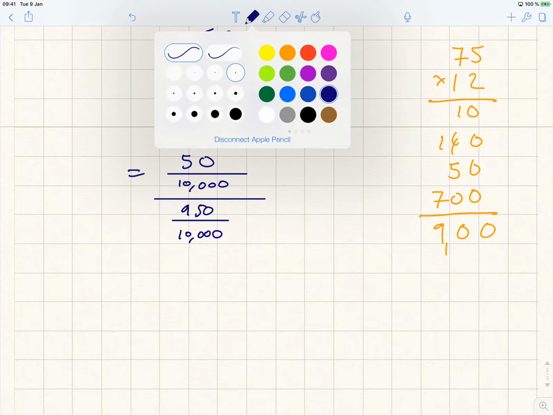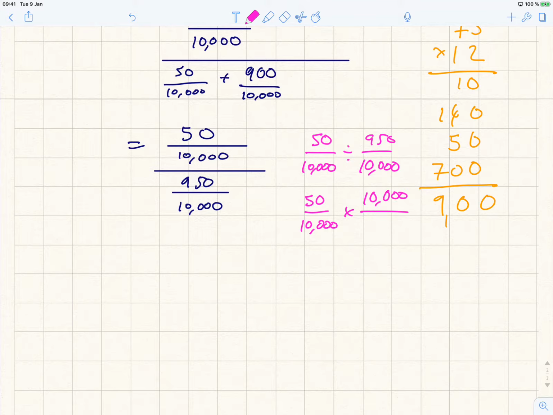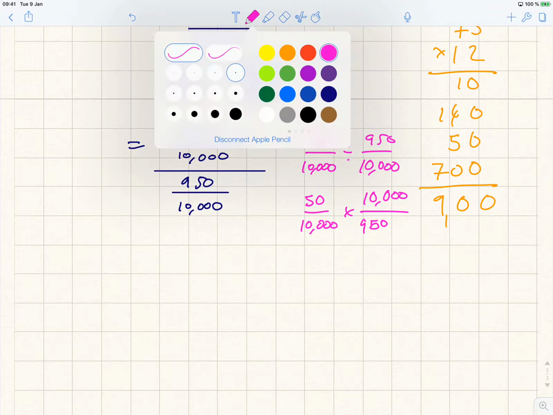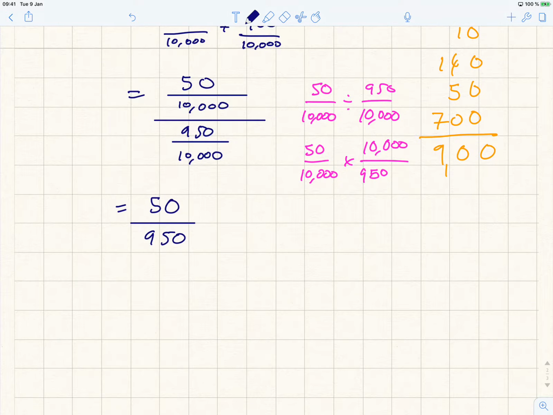They cancel because we're using the rule you probably saw many years ago, where you flip the second fraction when we are dividing it, so we can times instead, making it, no, actually I can write that's 950. So therefore what we have is 50 over 950, and we can simplify that down further.